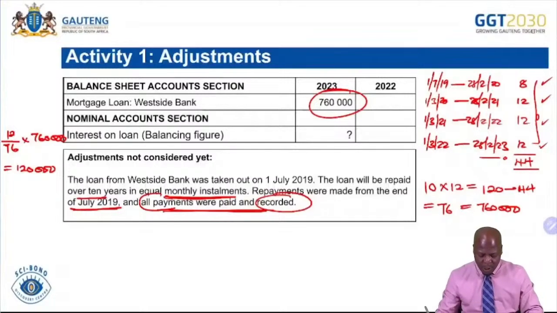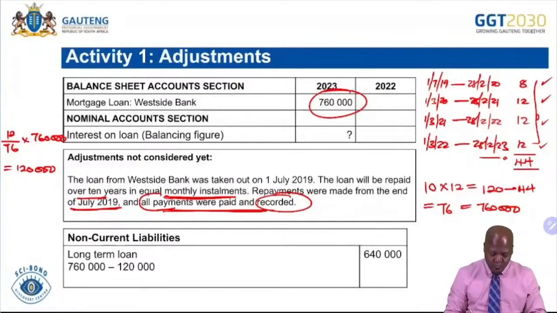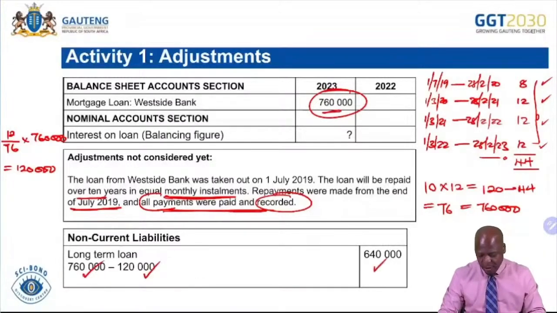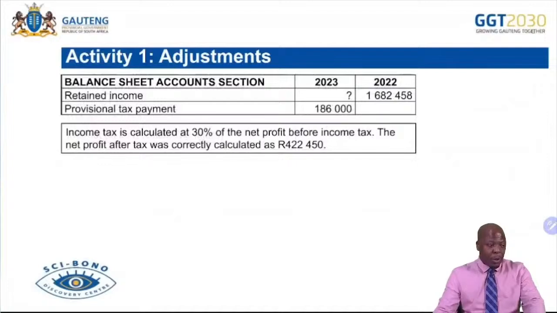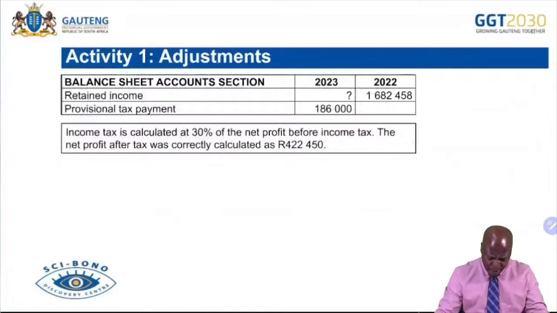Once I get my 120,000, that is my short-term loan. So I then come here and say my loan, which is 760 from the list of balances, minus the 120 gives me the 640,000. Okay, let's go. The next one. So remember, the 120 is the short-term loan. If you're doing the balance sheet, you're going to show it again under your current liabilities.